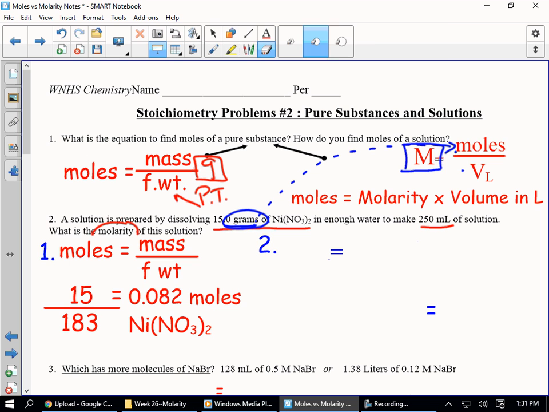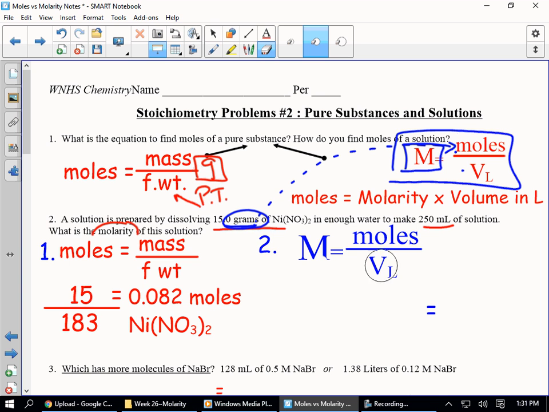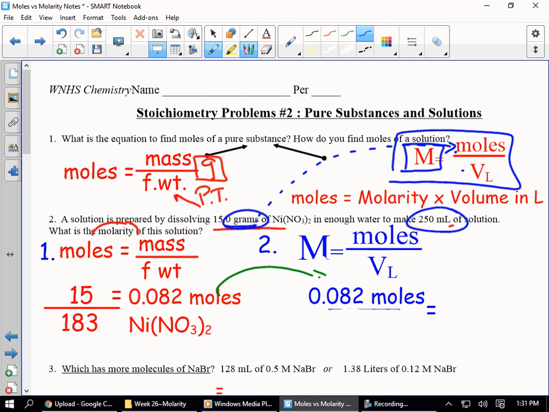Now we can start to use this equation. We can now say that molarity is equal to moles over your volume in liters. So we have the moles, so we're going to put moles over, now remember the volume has to be in liters, so let's take a look at this. 250 milliliters is not liters.